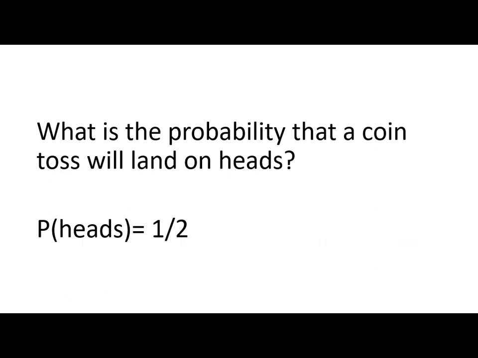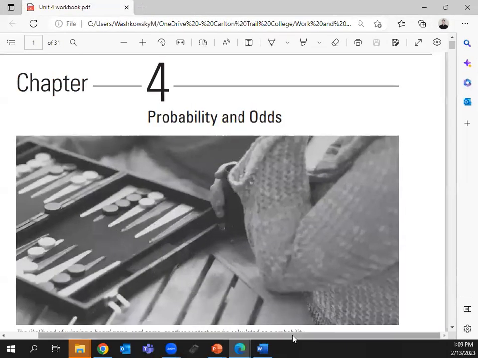Isn't that shorter? That's a lot faster to write. If you read that, you should be able to understand it. The probability of heads is 50%, 1/2, half. There's a half chance that it's going to land on heads. So this is the notation that we use whenever we deal with this. Whenever you see that P thing, that's what it means.